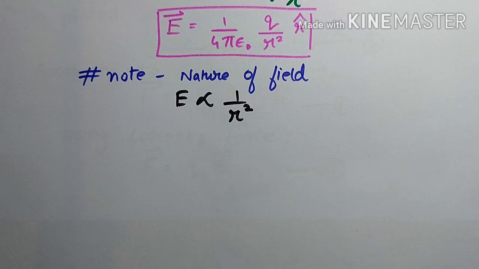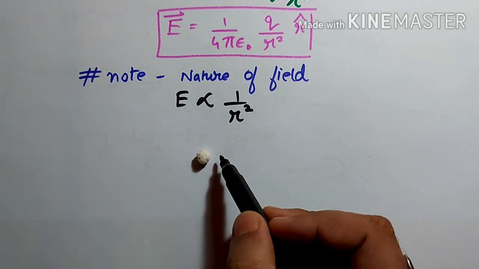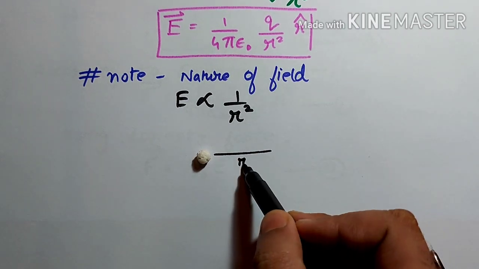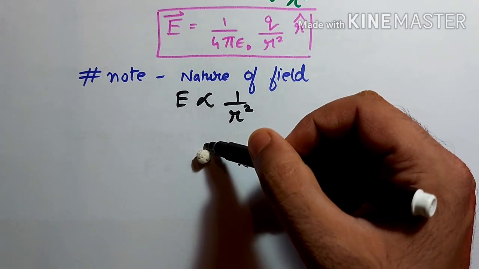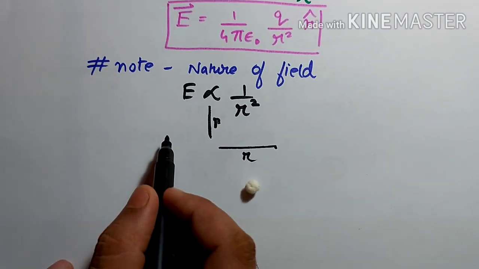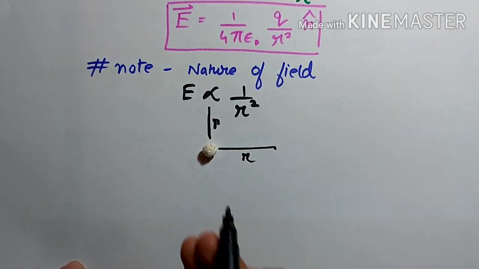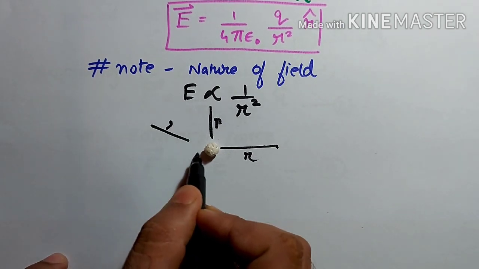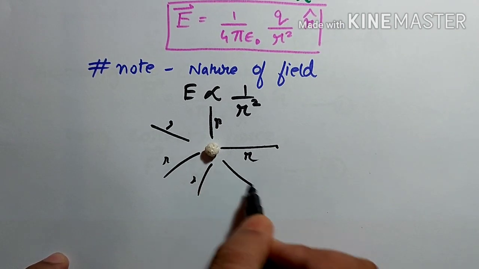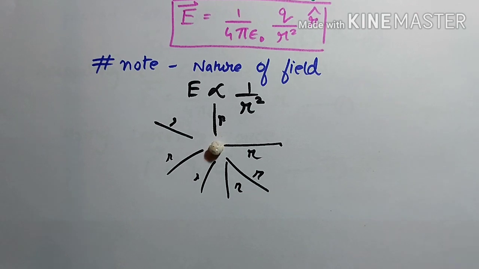Now, if this is the point charge and we are at a distance r, what can you say about the surface of the field?